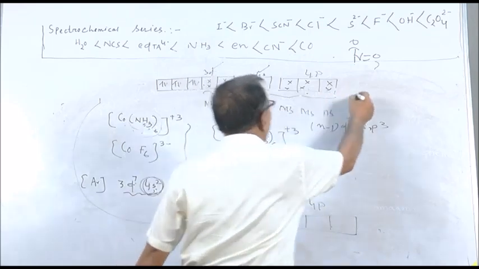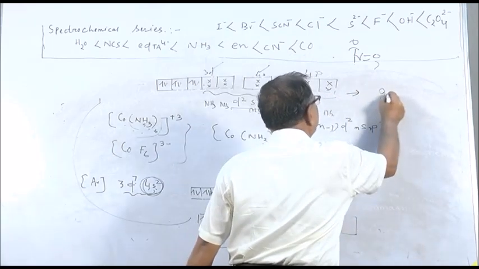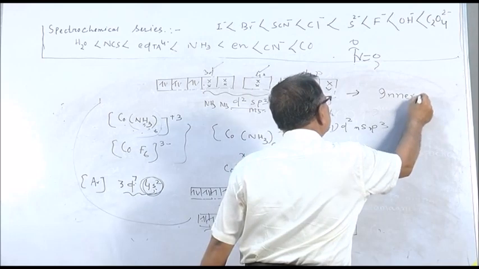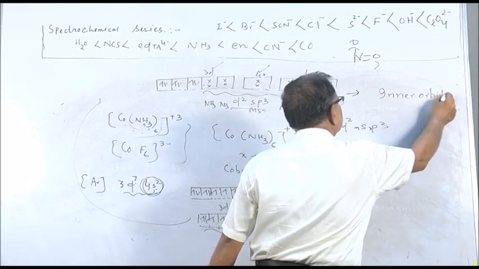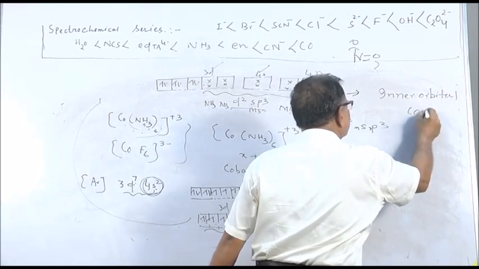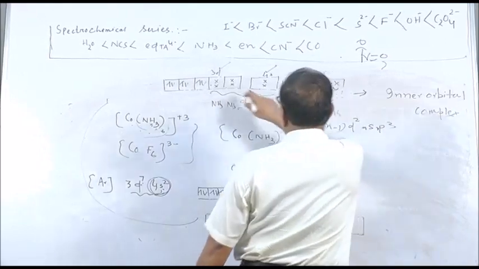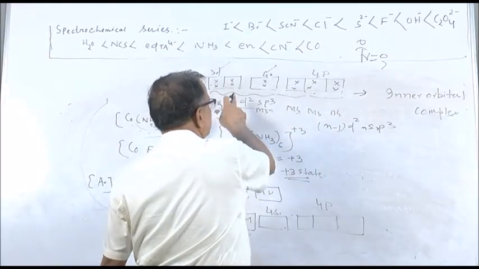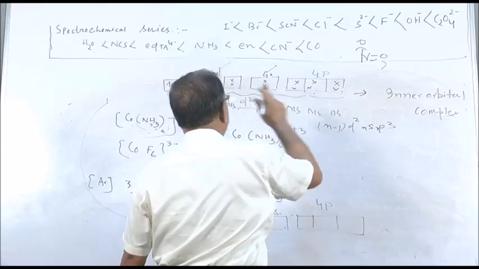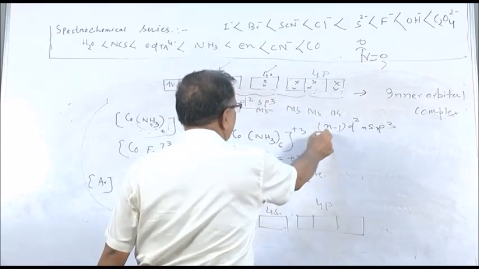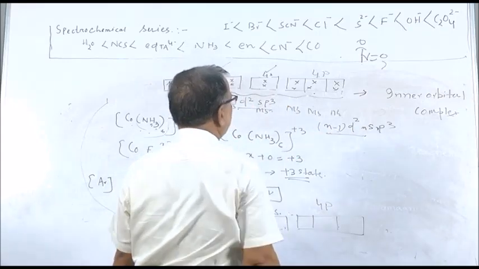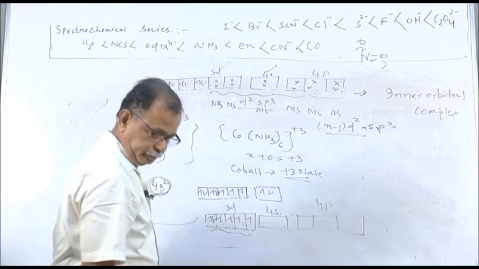So this is called an inner orbital complex. What is an inner orbital complex? When the inner d orbital, the n-1 d orbital, is used for hybridization, that is called an inner orbital complex.